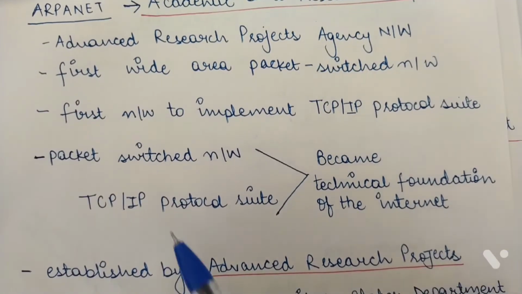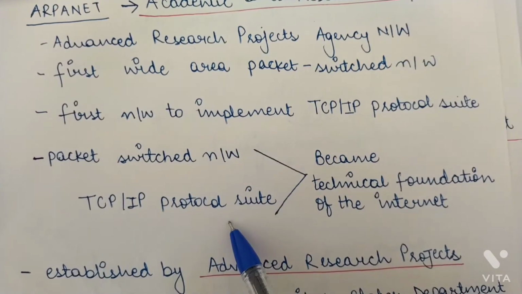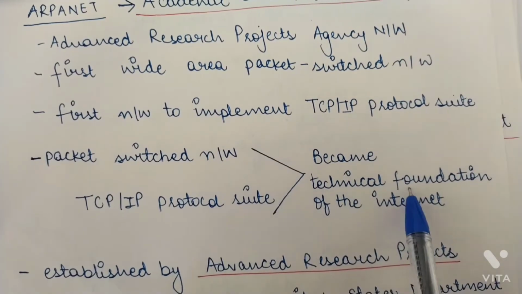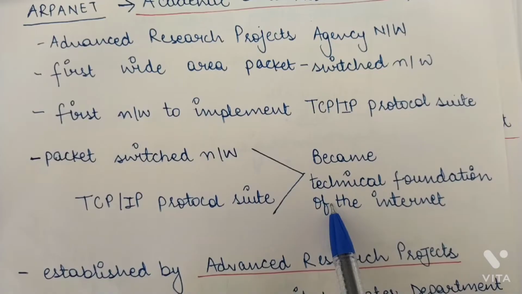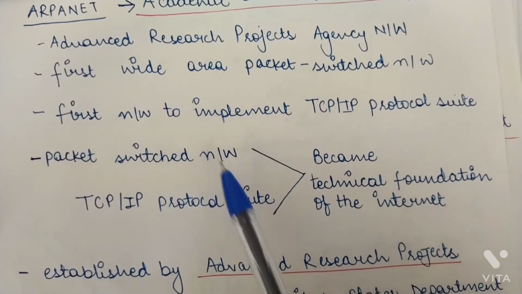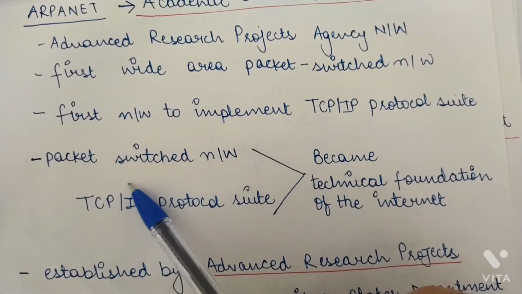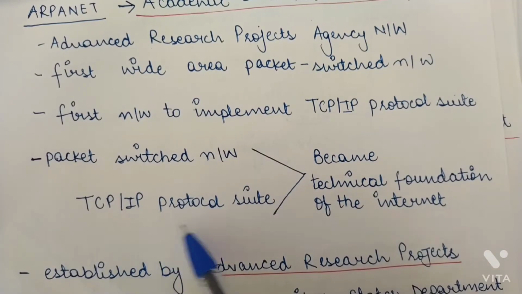The packet switched network and the TCP/IP protocol suite were the two important components that became the technical foundation of the internet. The technical foundation of today's internet was laid by these two components: first, packet switching was used in the network, and then the TCP/IP protocol suite was used.